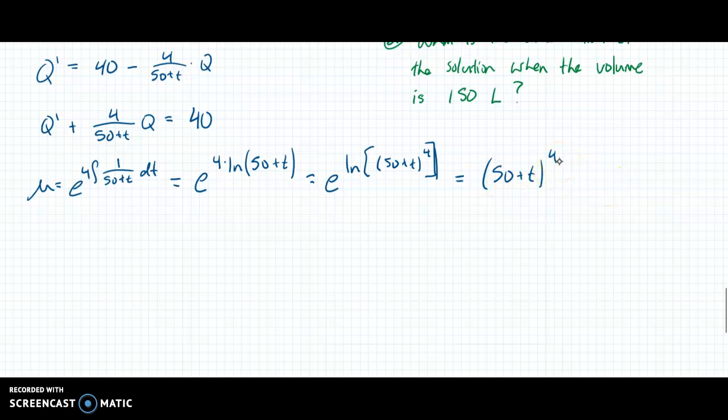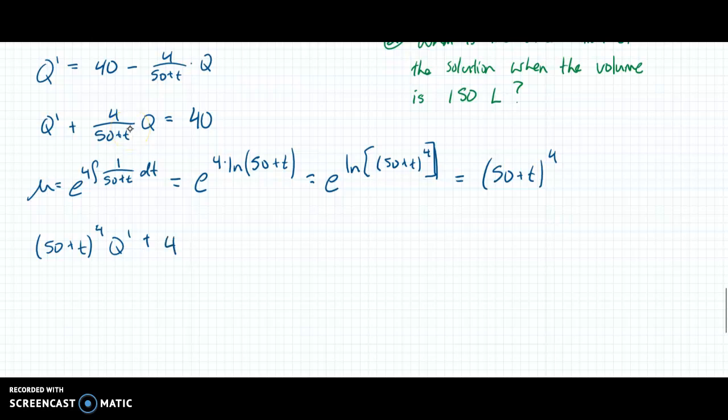If I multiply that by everything, I get 50 plus t to the 4th power times Q prime plus, all right, what happens when I multiply this by that? Well, I've got 50 plus t to the 4th, and I've got a 50 plus t in the denominator.